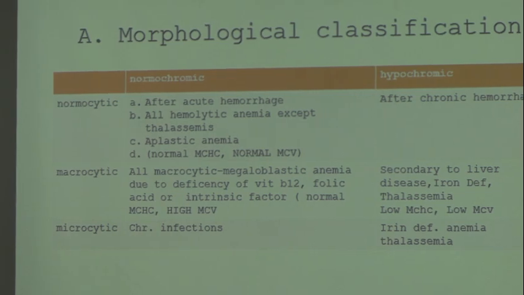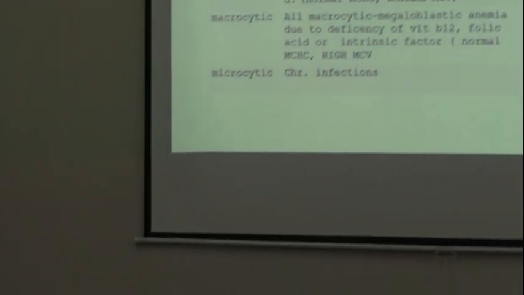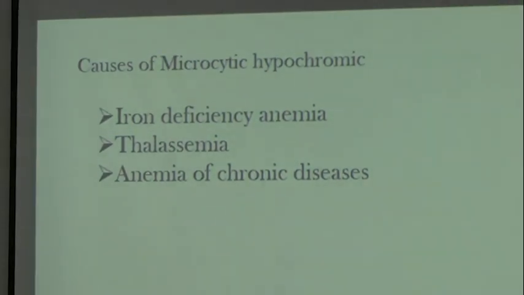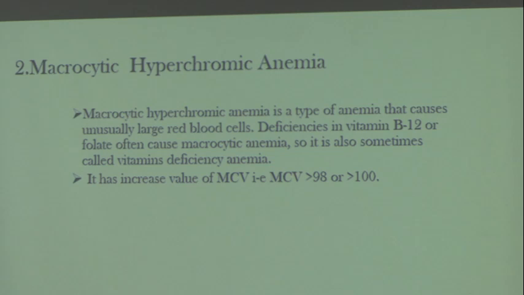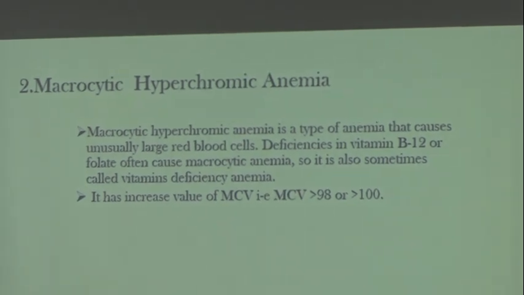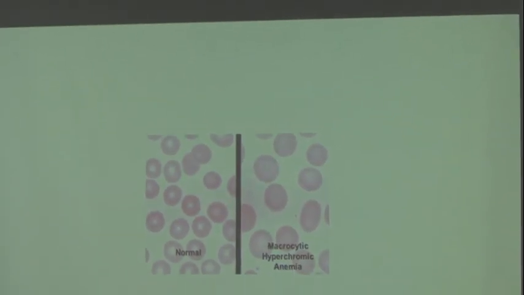Microcytic hypochromic examples are iron deficiency anemia, thalassemia. You learn this by heart. The causes of microcytic anemia are iron deficiency anemia, thalassemia, and anemia of chronic diseases. See the difference.